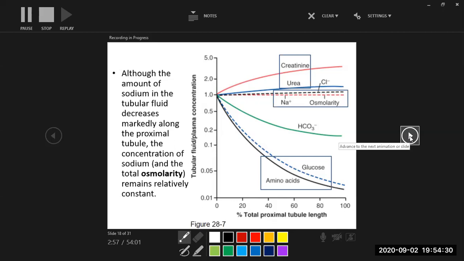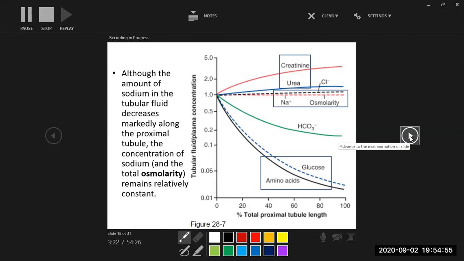So the concept here is that the osmolarity is not changed through the proximal convoluted tubule. The idea is that in the body, our osmolarity is 300 milliosmol, and that is called isotonic.